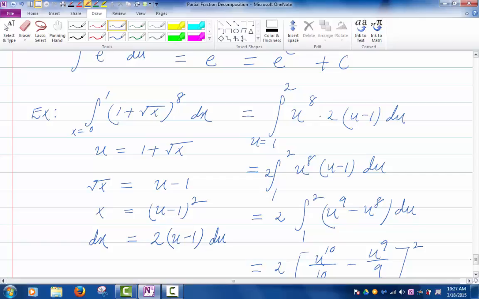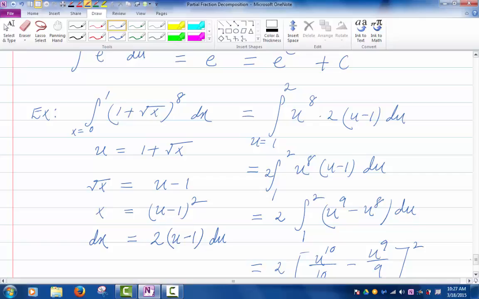So if I have u is 1 plus root x, then you get du to be 1 over 2 root x dx. Notice that I have to be able to express dx entirely in terms of du, and in order to do that I have to say u minus 1 is root x.